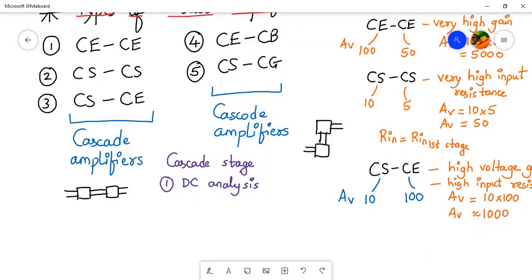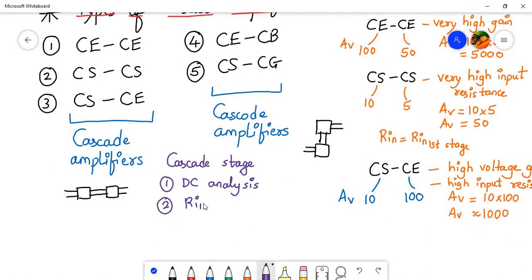Then we have to find the input resistance of the cascade stage. Next, we have to find the output resistance of the cascade stage. And then we have to find the overall voltage gain. If there are two stages in a cascade, we have to find the individual voltage gains AV1, AV2, and then the overall voltage gain AVT.